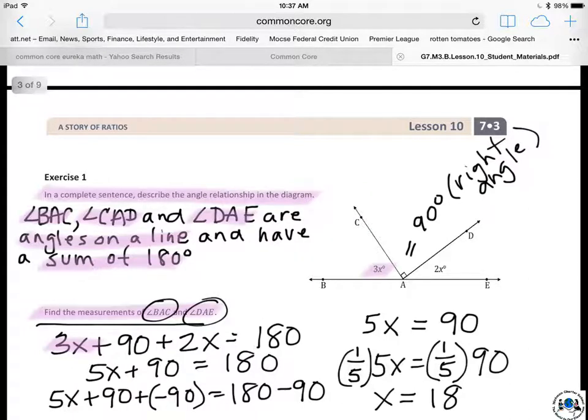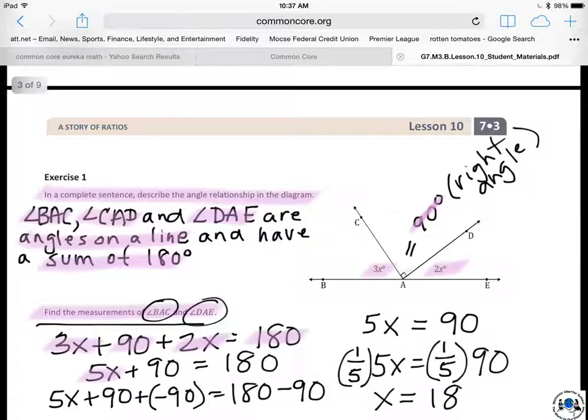We have 90, because we know that a right angle is 90 degrees. Again, we know it's a right angle based on that symbol. And then DAE we know is 2x. So 3x plus 90 plus 2x equals 180, of course. That's the angles on a line rule.